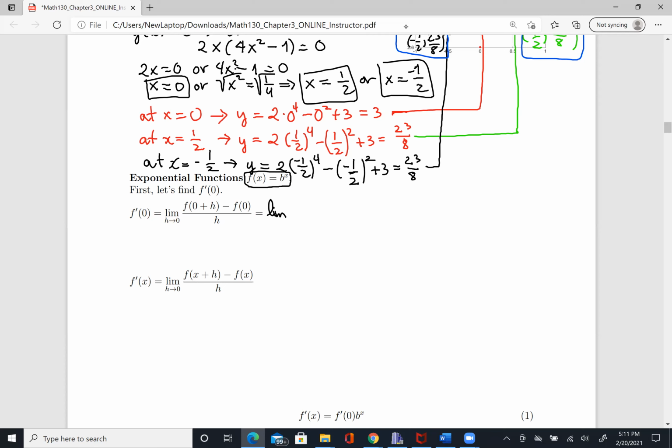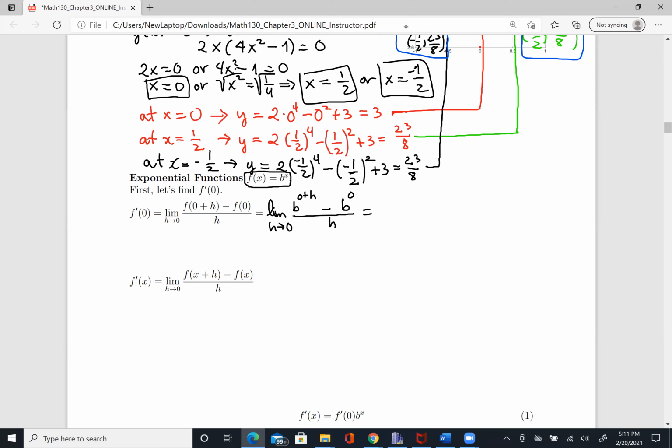So f of 0 plus h now becomes b to the power 0 plus h minus b to the power 0, everything divided by h, for h going to 0.